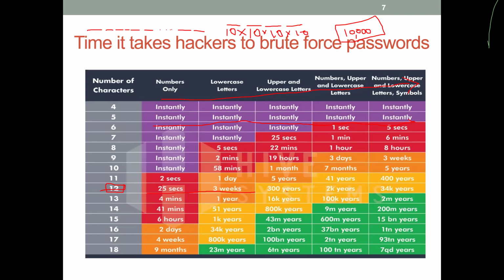With uppercase and lowercase, 300 years, then 2,000 years, 34,000 years. So what I'm saying here is, by including more different combinations of aspects in your password, we can increase the security.